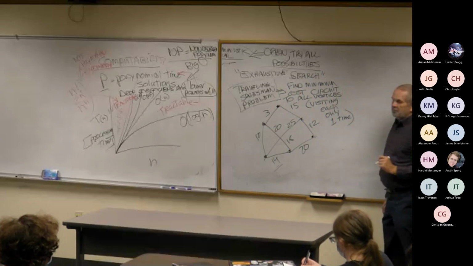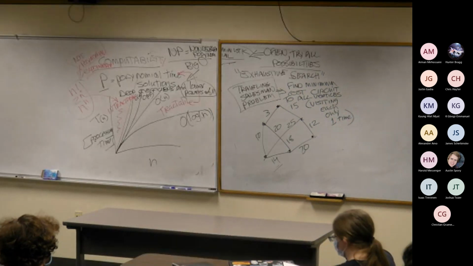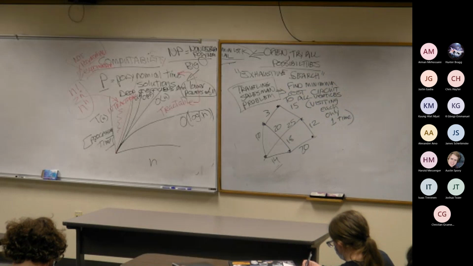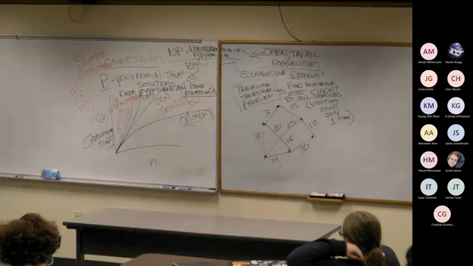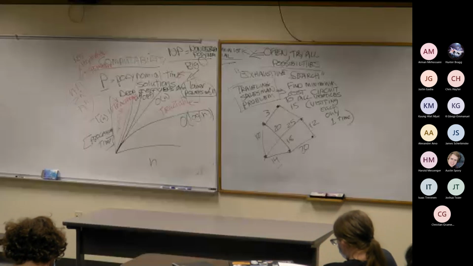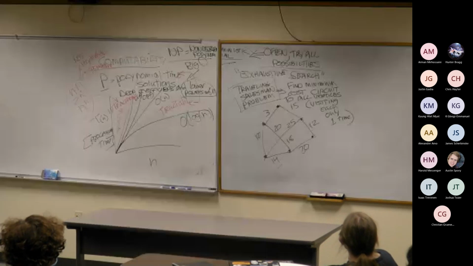So the idea was a person who had to visit all of the locations on their sales route would want to find the minimum cost of going to each of those cities without repeating any city.